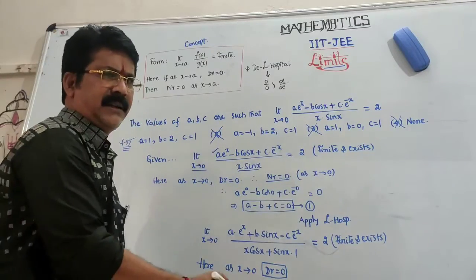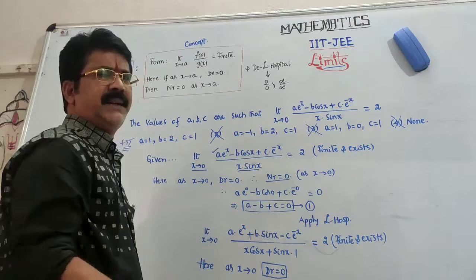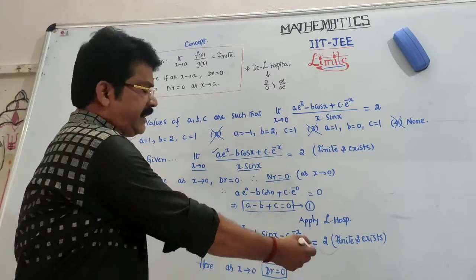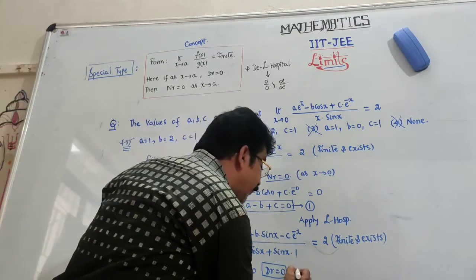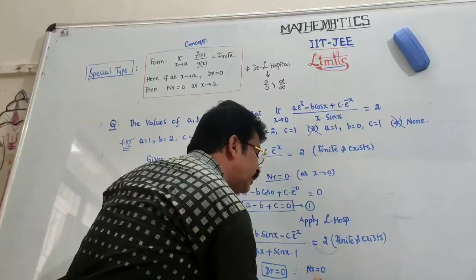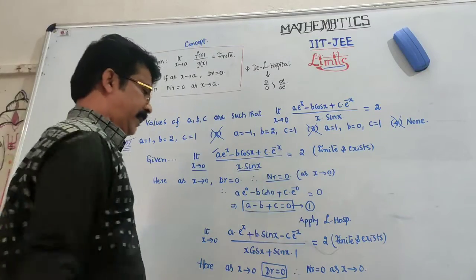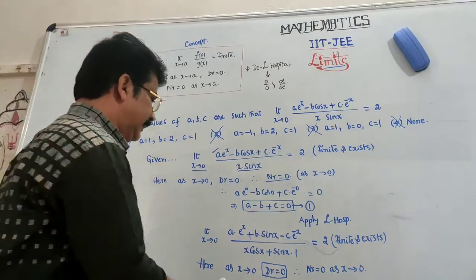Or you can write approaches to 0 or tending to 0. For mathematical convenience, I wrote denominator equal to 0. Therefore, the numerator also equals 0 as x tends to the same point 0, right?